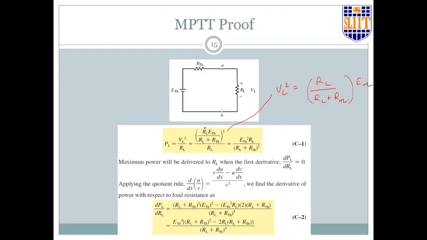So the whole thing squared is what is written in here, right? So RL into ETH, RL plus RTH, whole thing squared. So that becomes simplified like this, and what you need to do is to take the first derivative against RL, for which, because this is a division, you need to use the knowledge that you have about the derivative of a division, which is given in here.